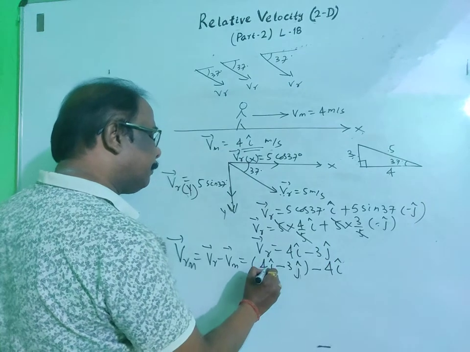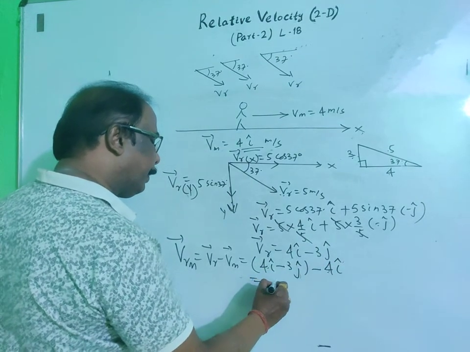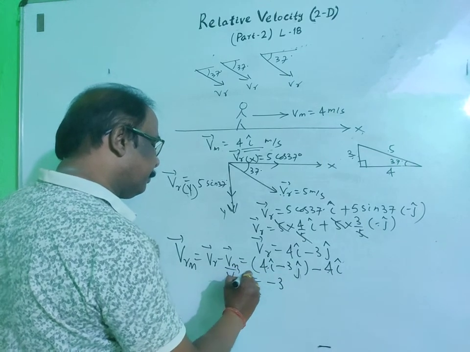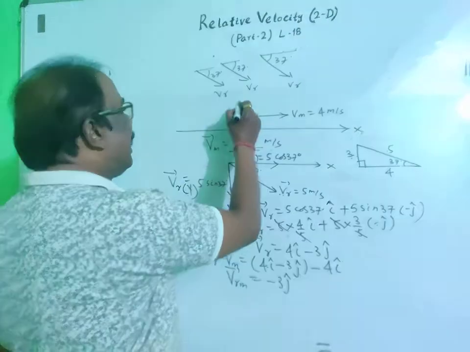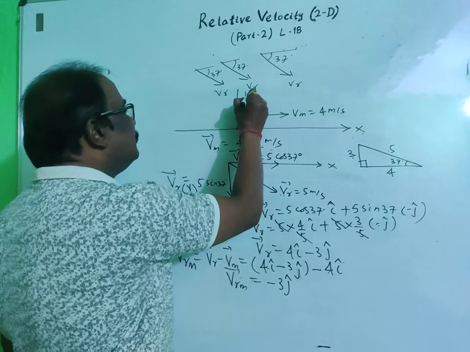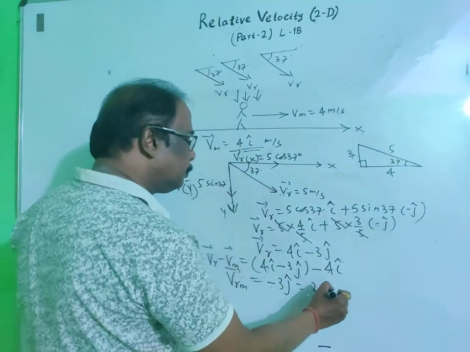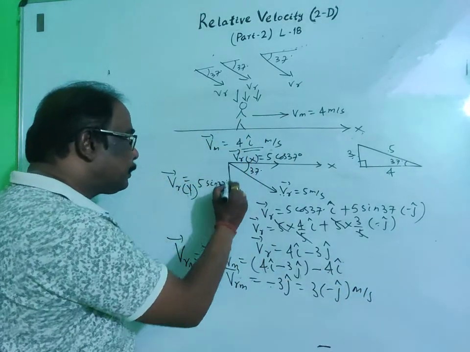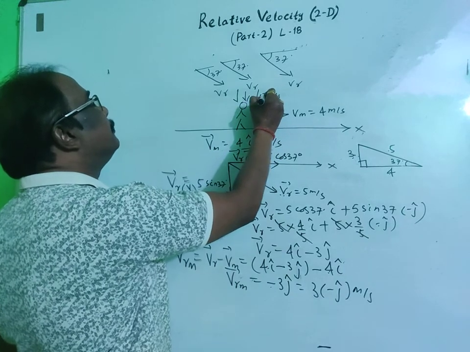Then solving it, 4 i cap minus 4 i cap is 0. Then resulting VRM is equal to minus 3 j cap. Means rain will appear to fall in vertically downward direction, this is 3 into minus j cap meter per second. Minus j cap means along negative y-axis, this is 3 meter per second.